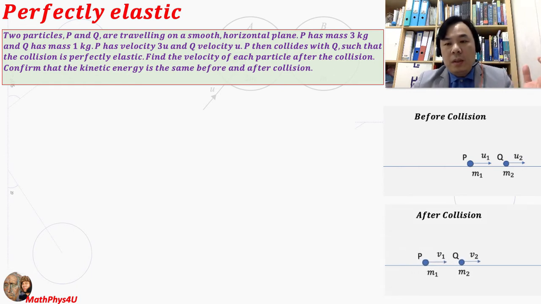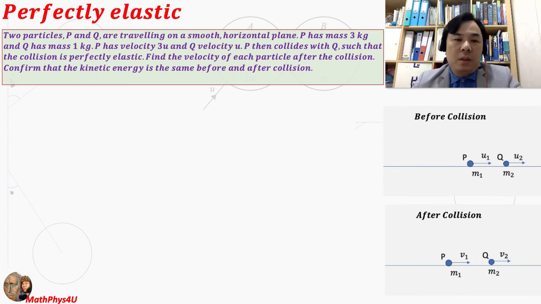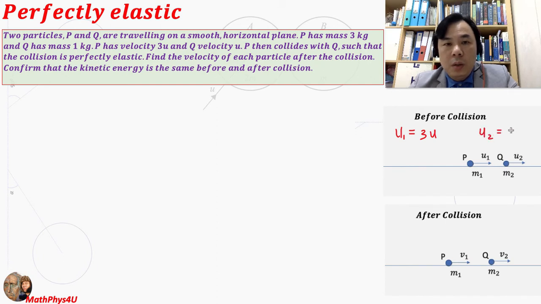Now let me show you what happened after this. You can see that after they collide, they move with different velocities. Now let's apply conservation of momentum. We know that total momentum before must be the same as total momentum after. The initial velocity for P is 3u, and the initial velocity for Q is u.